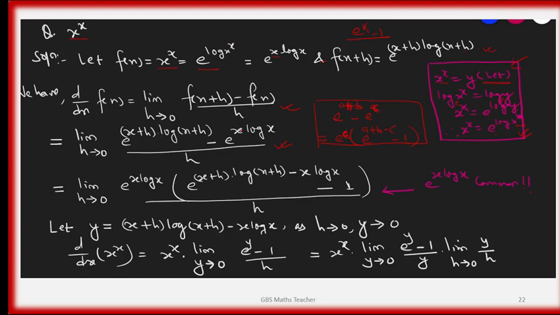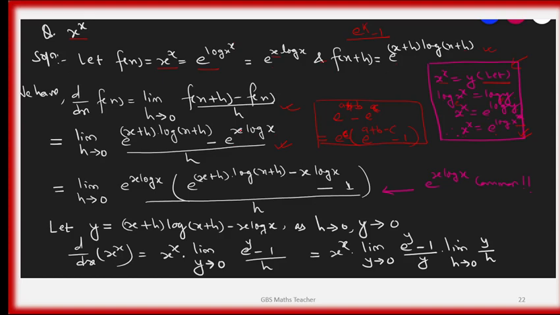Now suppose all this term is y. As h tends to 0, y tends to 0. So the derivative dy/dx of x to the power x equals e^(x log x), which is x to the power x, as I have written already, times the limit as y tends to 0 of (e^y − 1)/h. That equals x^x times the limit of (e^y − 1)/y.